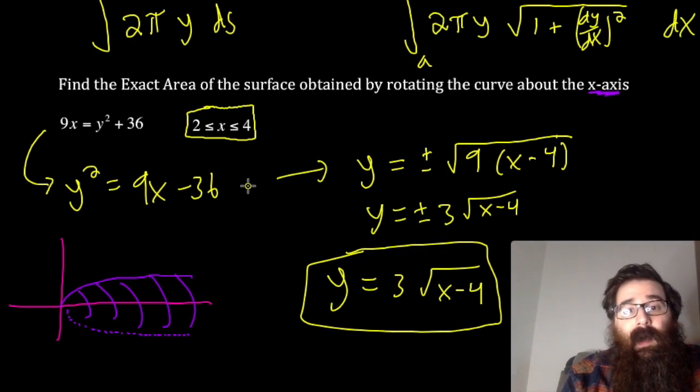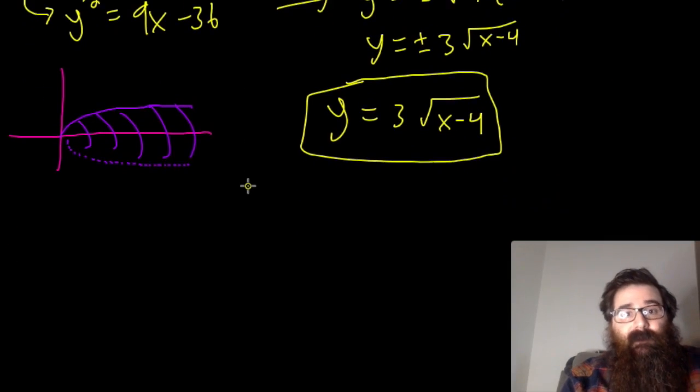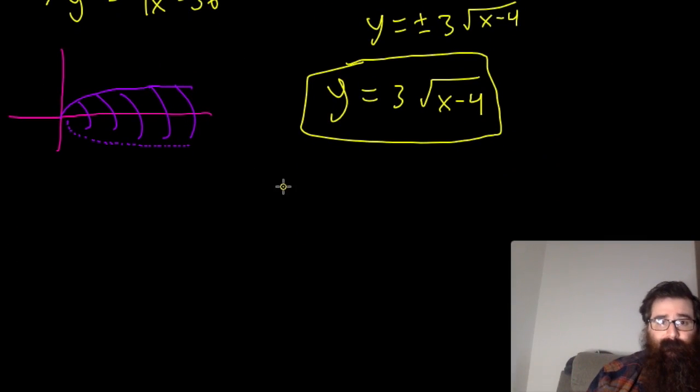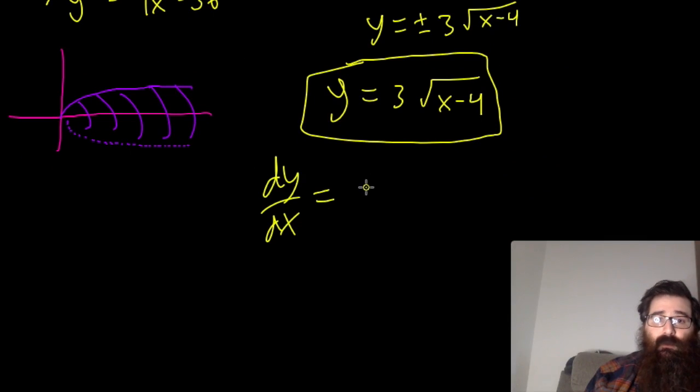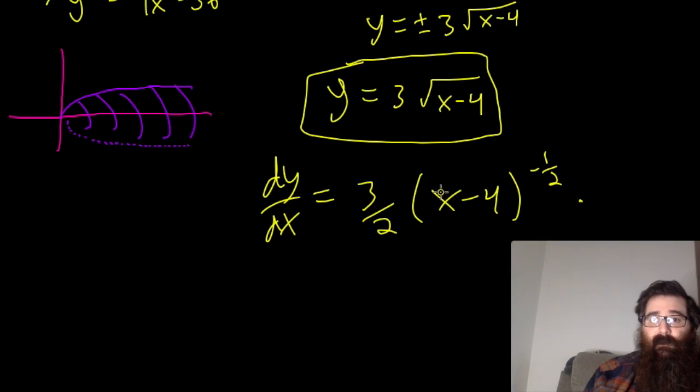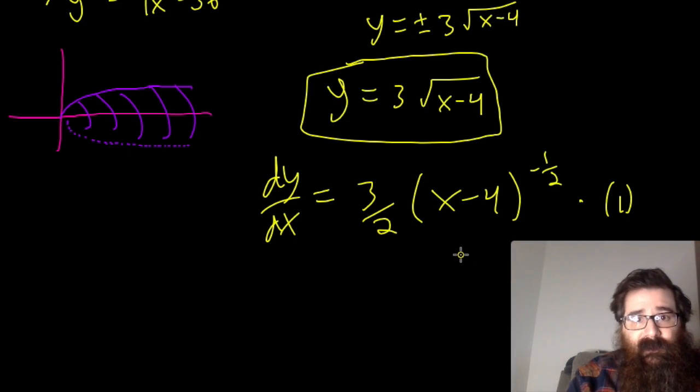Now that I have y, I also am going to need essentially all the tools that I need for arc length. So I have to find dy dx. I have to find the derivative here. So dy dx, and just a bit of chain rule. So I get 3 times, and then the derivative of stuff to the 1/2 gives me 1/2 stuff to the negative 1/2. The inner function goes back in. The derivative of the inner function is just 1. So that works out nicely there.